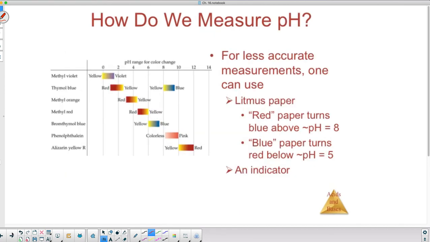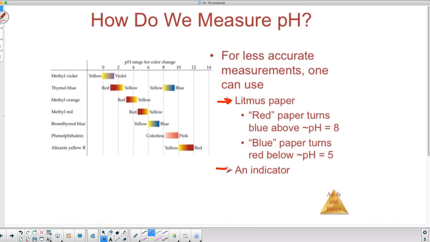So this is talking about how we measure pH. Many times we use a pH meter if we have to know the exact measurement for the pH, not exact, but very good accuracy. If we just need to know if something is more acid than it is base, then we can use litmus paper.